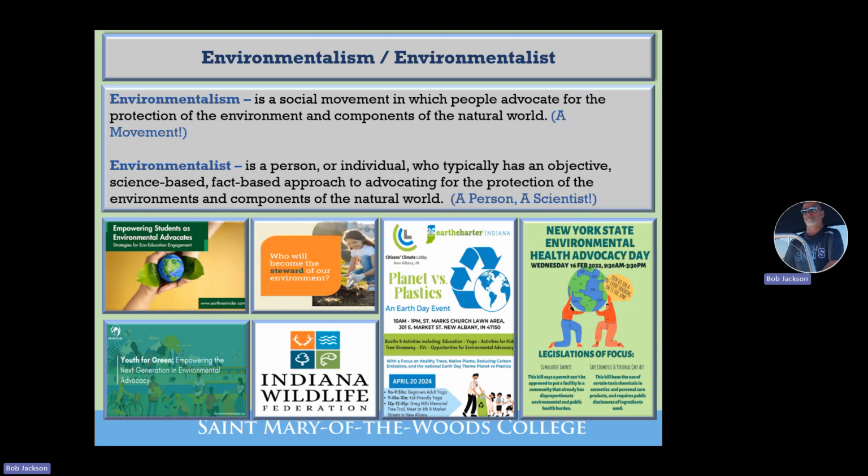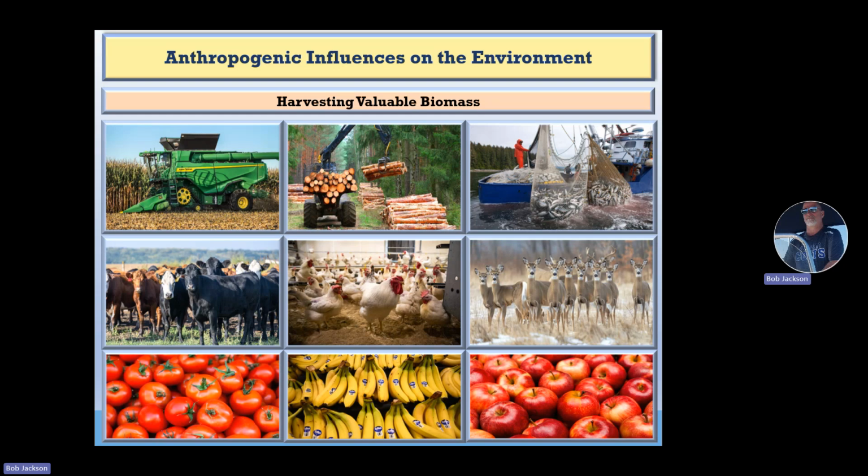So just know the difference. There is a difference. Environmentalism is a movement, and an environmentalist is a person that could be advocating for environmentalism. Okay. Now then, we get into anthropogenic influences on the environment.